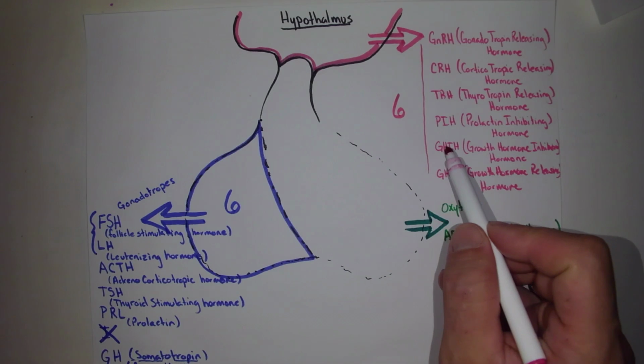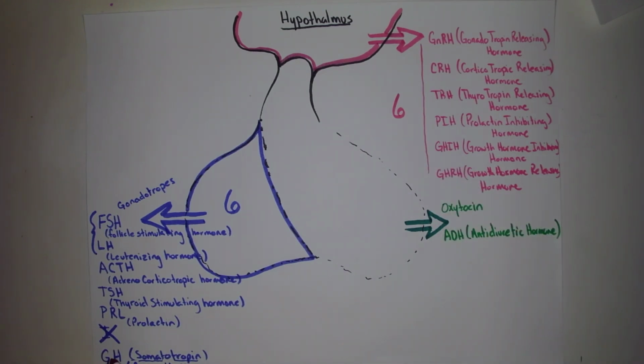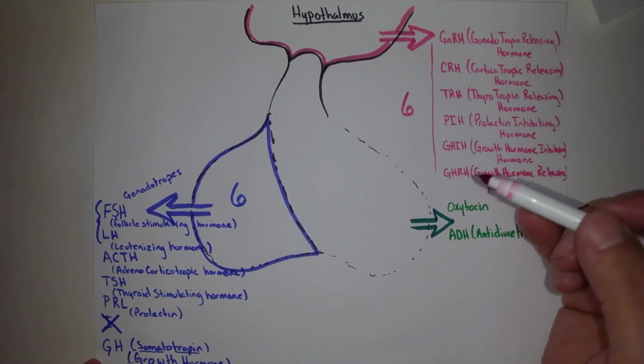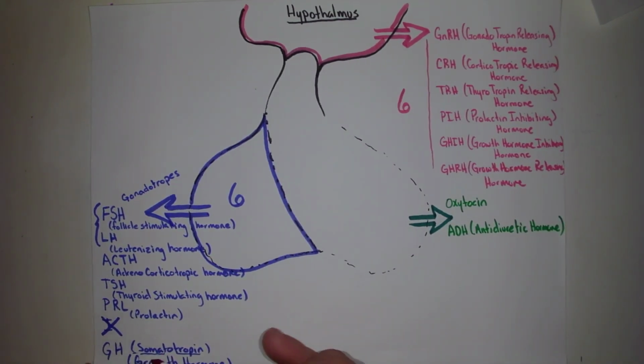And growth hormone inhibiting hormone inhibits growth hormone, and growth hormone releasing hormone causes it to be released.